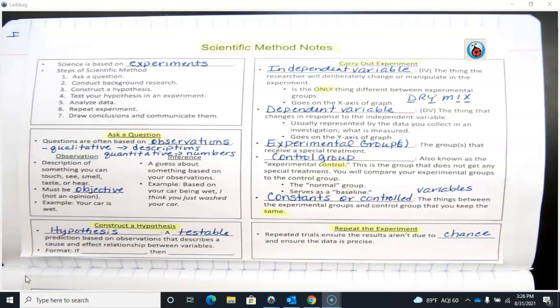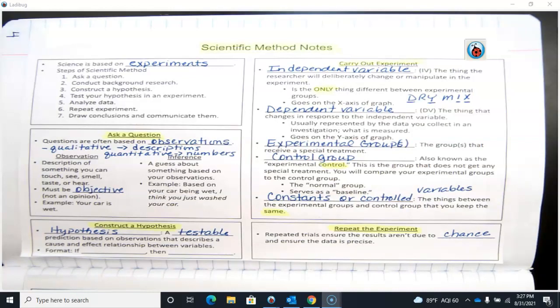I'm describing the color of the leaf. Whereas quantitative observations and data are going to be expressed as numbers. So there will be a numerical value. For example, if I'm measuring the length of the table, it might be 70 centimeters. 70 is a number, so that would make it quantitative.